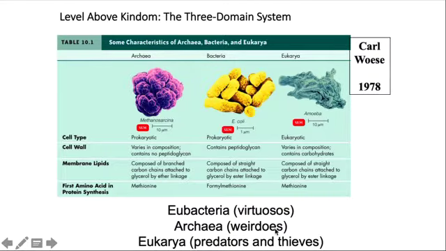Archaea are the weirdos. They live in very extreme conditions. And the eukarya are the predators and the thieves. And this, I say with a pinch of salt, in that there are exceptions, because if you look at plants and some protists, they're able to synthesize their own food, so they don't have to depend on other organisms for their food.